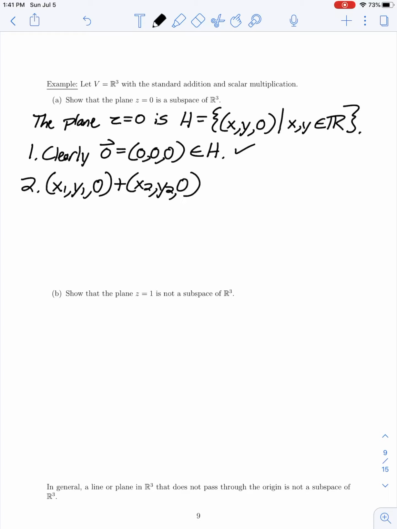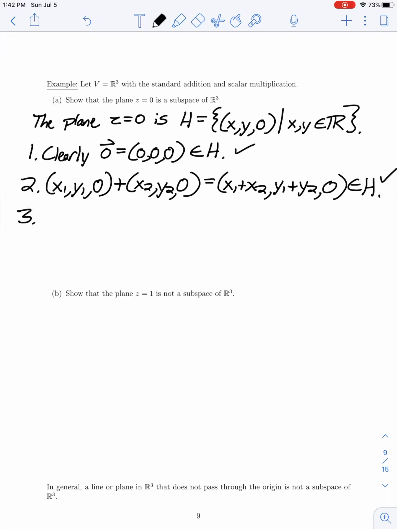These two vectors both lie in H. And we can see that their sum would be the vector (x1 plus x2, y1 plus y2, 0), which is contained in H since the third coordinate is 0 and the first two coordinates are both real numbers. So it is closed under vector addition.